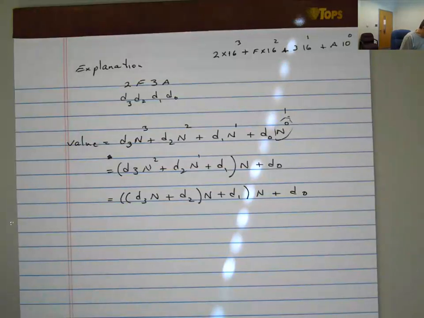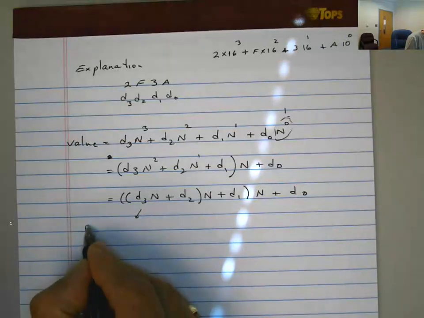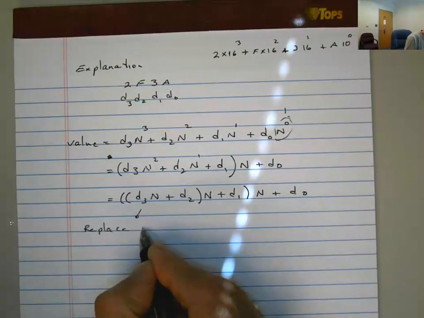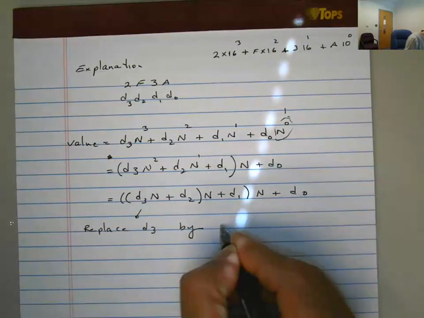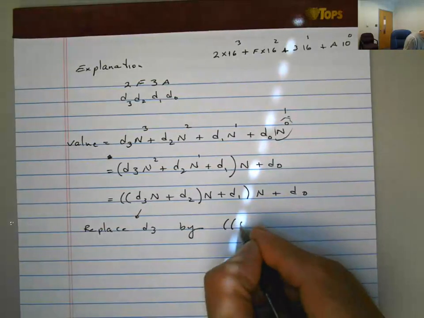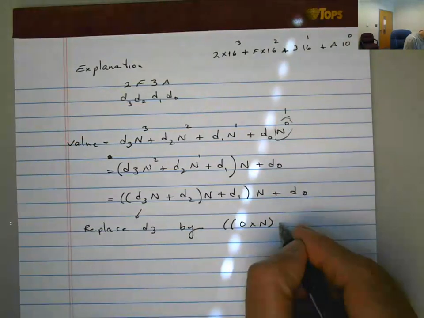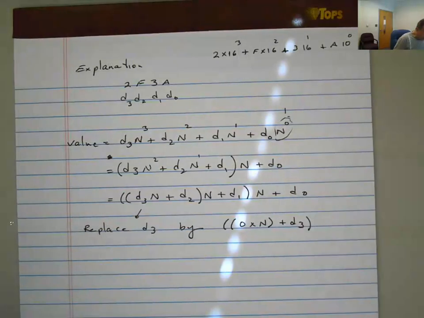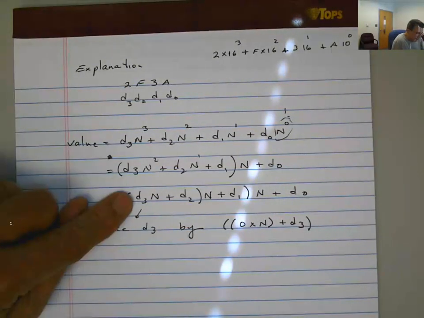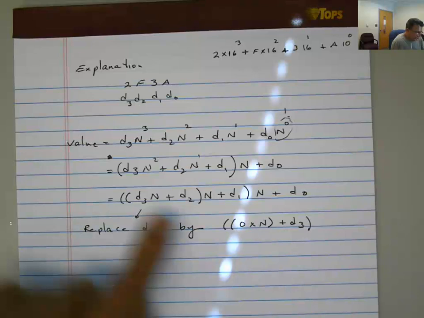And now what I could do is take this D3 and replace D3 by opening up two parentheses: 0 times n plus D3, which is true, right? If you replace it, 0 times n is 0, what's left? D3. So D3 is equal to D3.